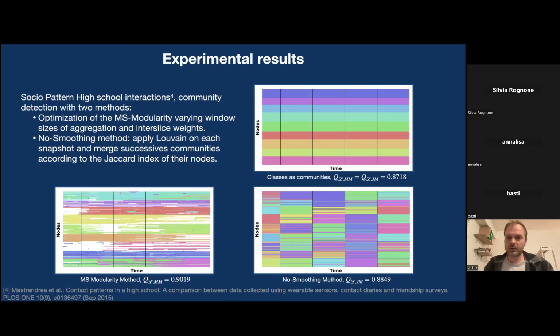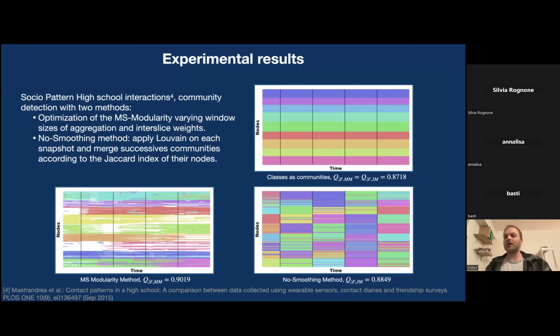So what we did is that we tried different combinations of the multi-slice modularity to find communities. We vary the window size of aggregation and the interslice weight. And we saw which community structure was the best for both longitudinal modularity formulas that we have.